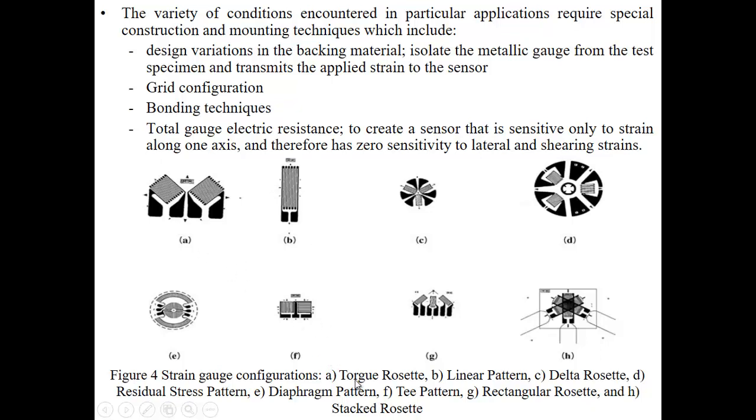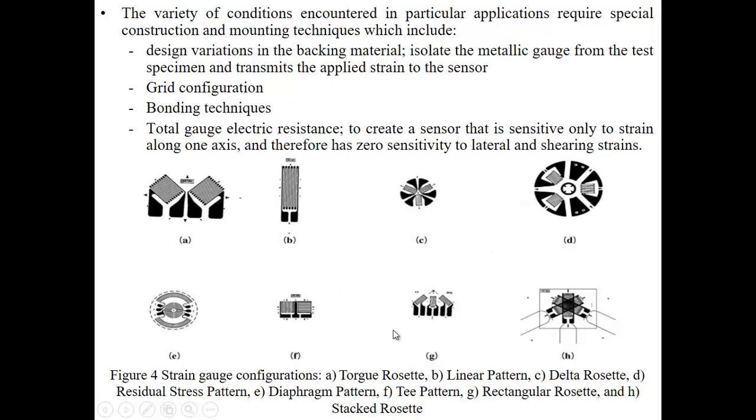Here, A we call the torque rosette. This is the linear, and this is a delta. This kind of configuration is quite famous in industrial applications. D we call the residual stress pattern.